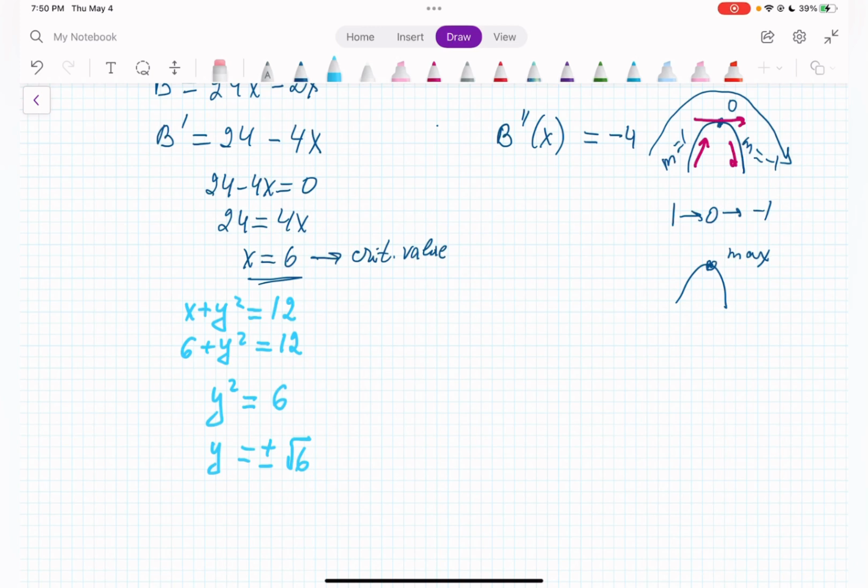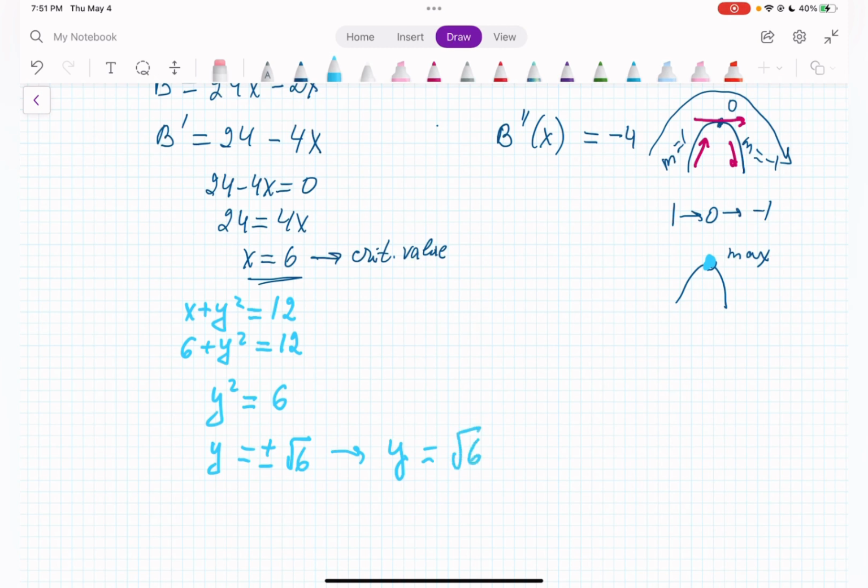So what does that mean? Since our critical point is a maximum, and it's concave down, our y is going to be positive to be maximum.